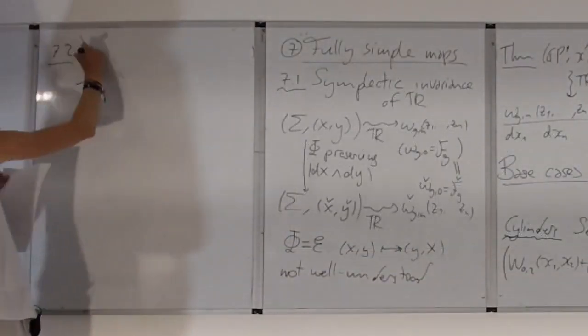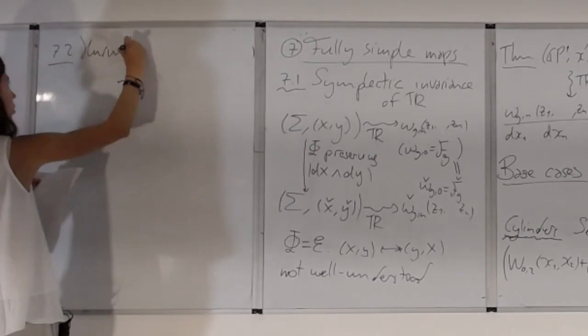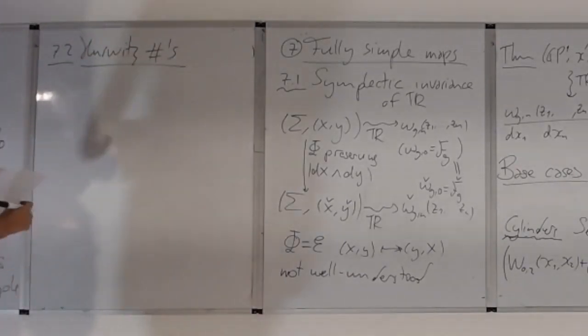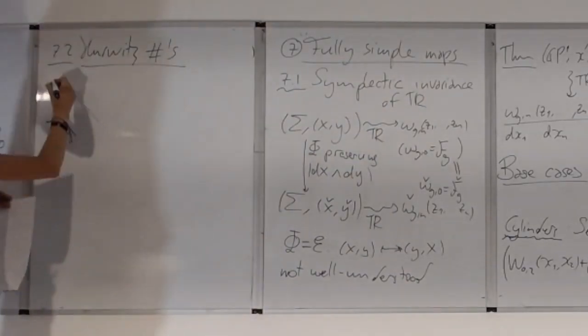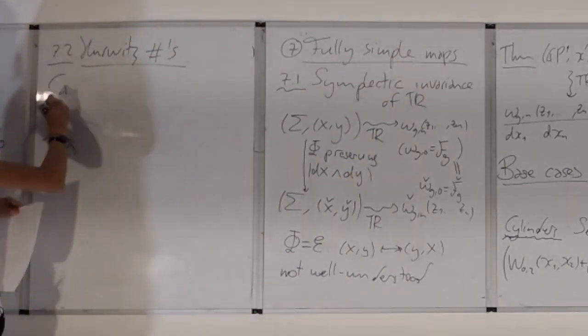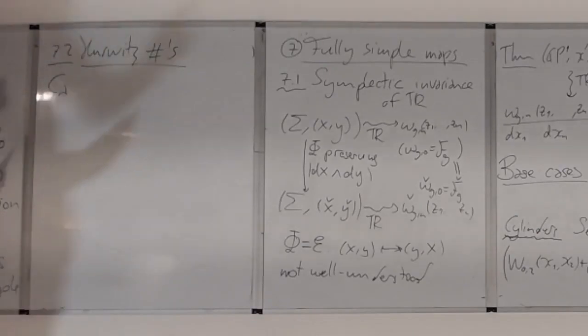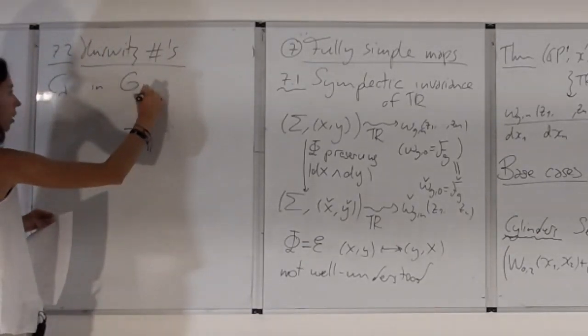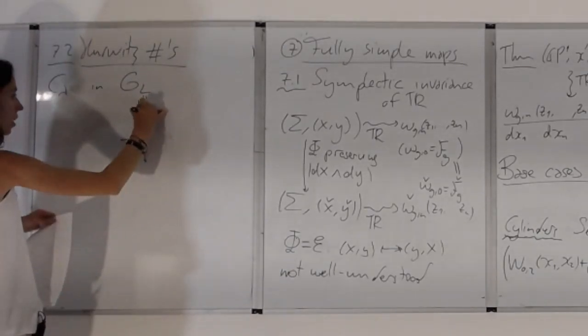So, Hurwitz numbers. Remember from Danilo's lecture that this is the conjugacy class in GL, where L is the size of the partition.